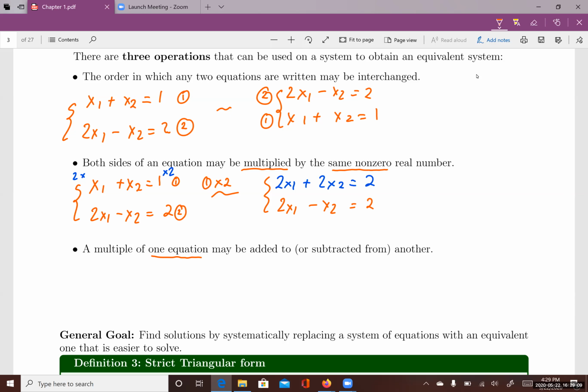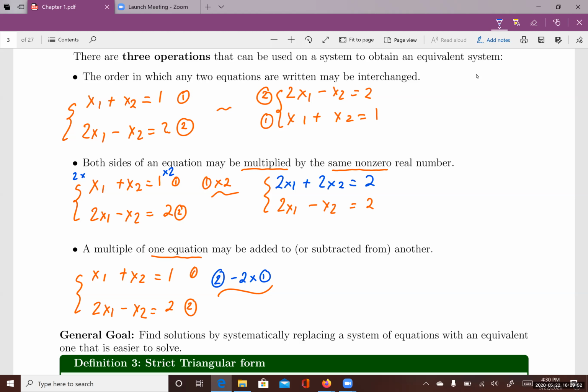Again, if I have the same system, equations 1 and 2, say I take the second equation and I subtract 2 times the first equation.